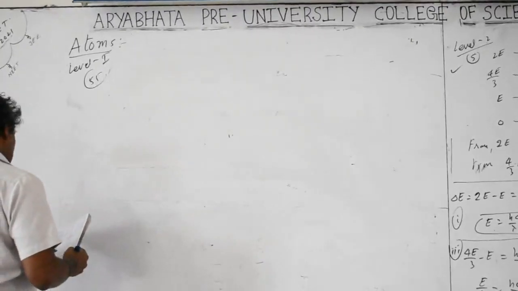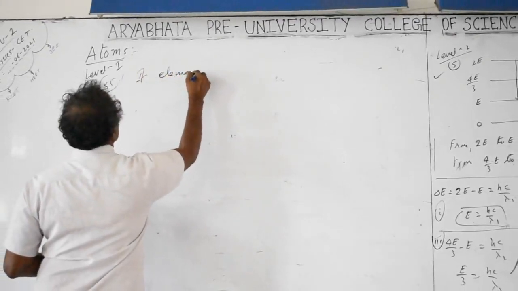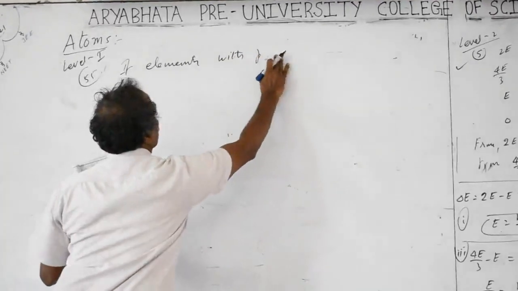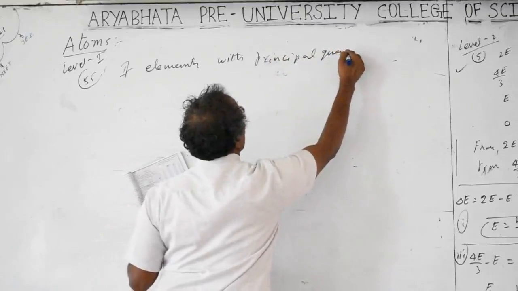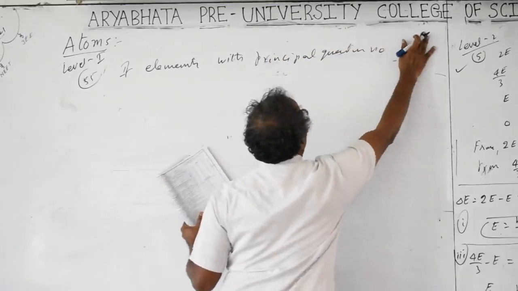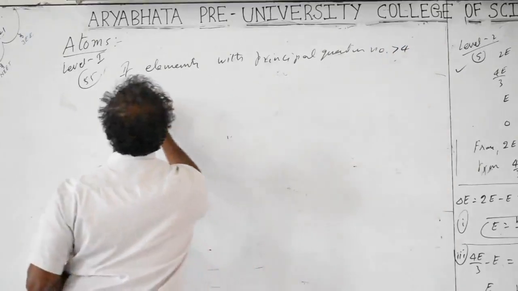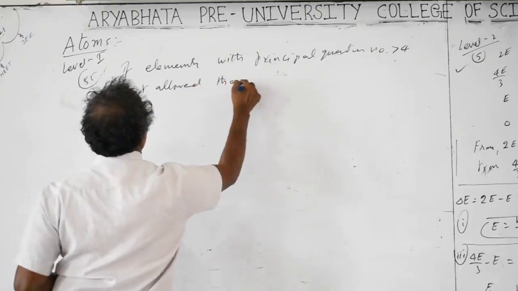Elements with the principal quantum number more than 4 are not allowed. Principal quantum number means orbit number actually. More than 4 not allowed.